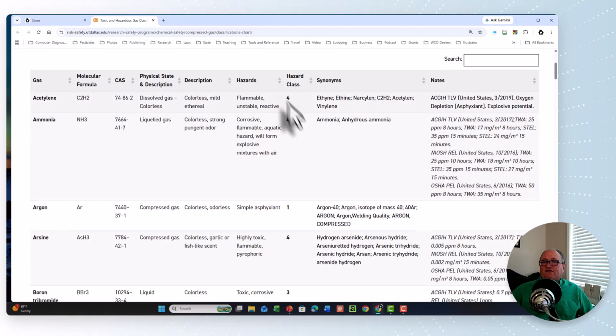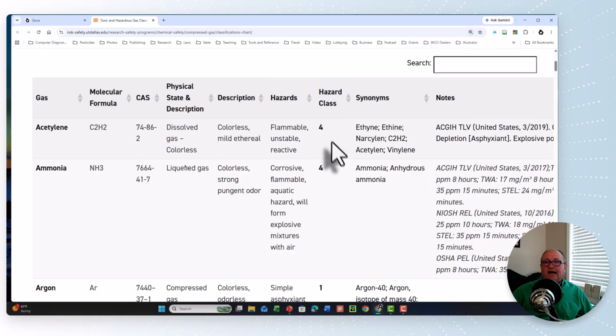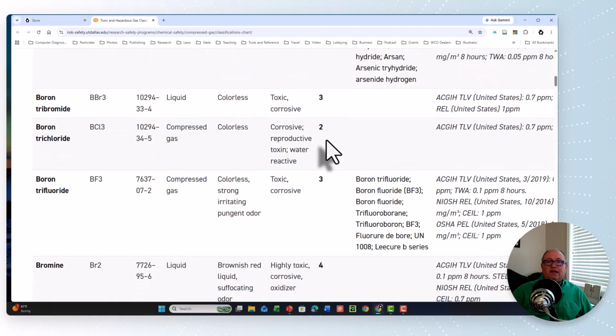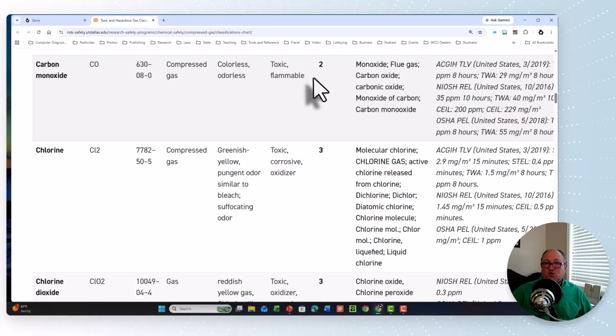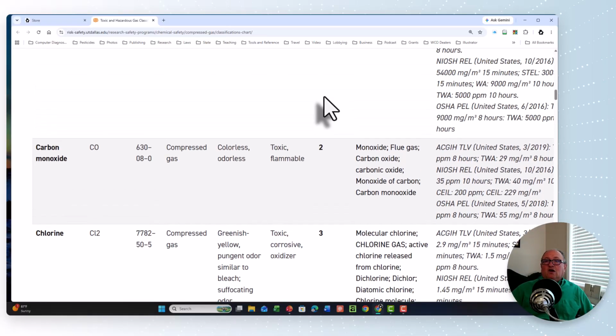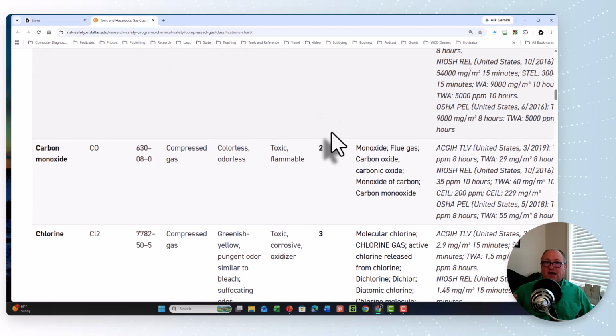And so you notice the bigger the number under hazard class, the higher the risk. So let's take a look down here at carbon monoxide. Carbon monoxide has a number 2. But notice carbon dioxide has a number 1. So it's less hazardous than carbon monoxide.